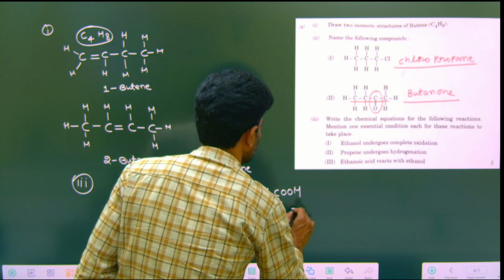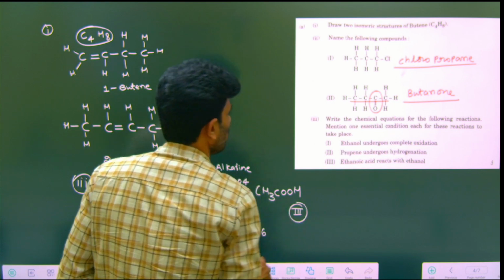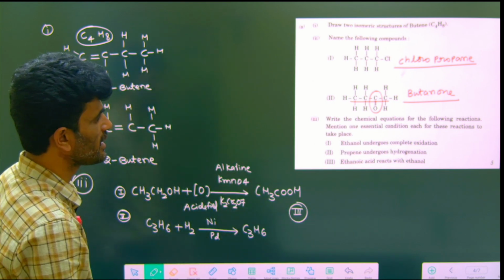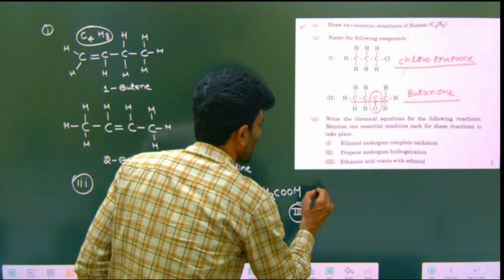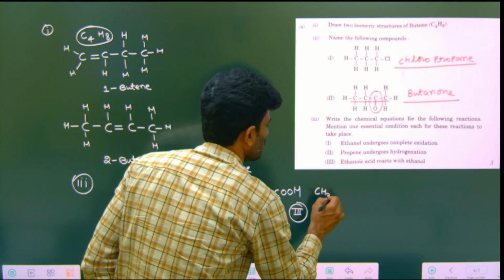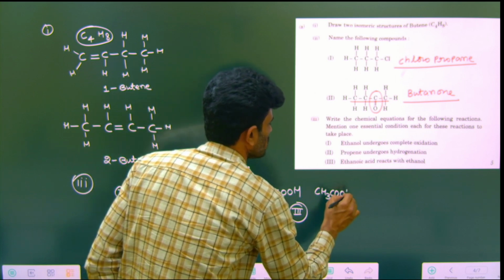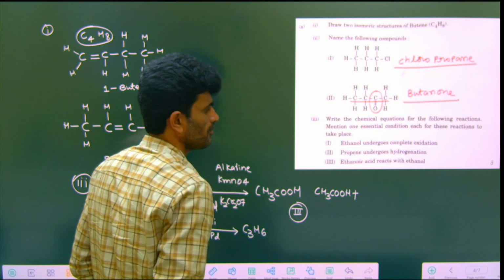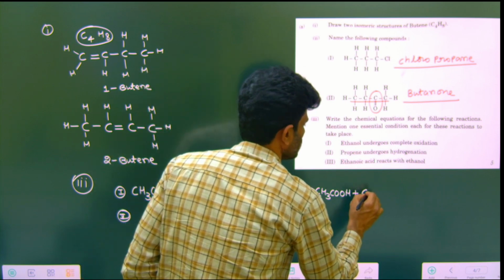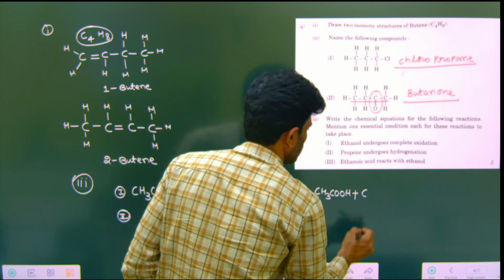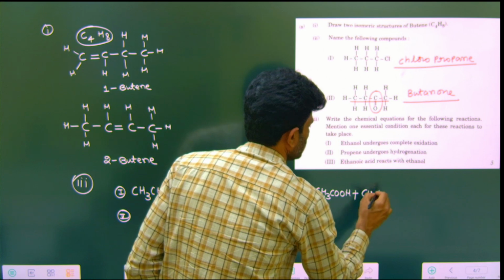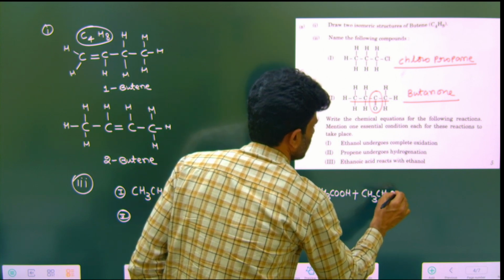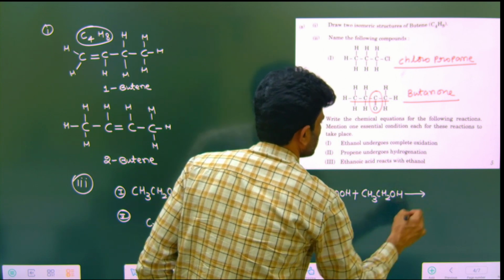Now the third reaction: ethanoic acid reacts with ethanol. Ethanoic acid is CH3COOH, reacting with ethanol, CH3CH2OH.